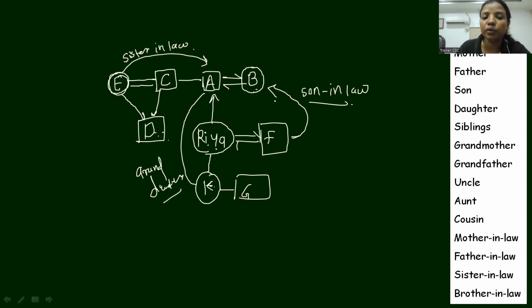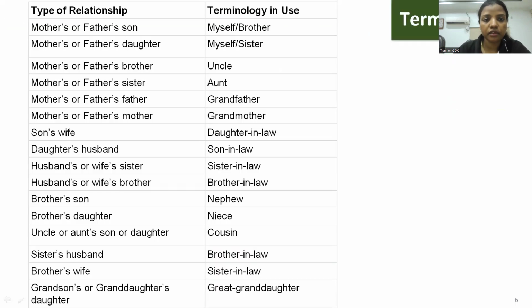So this is how you have to draw a diagram for your family, so that you will know how we can draw a diagram in a question, and how easily we can get the relationship. Now, if you have any doubt about the relations, for example, what you will call your brother's wife or brother's wife's husband, for that we have one table here.